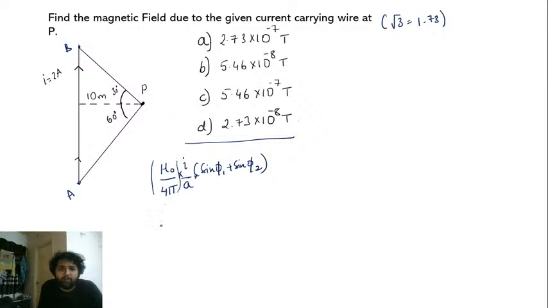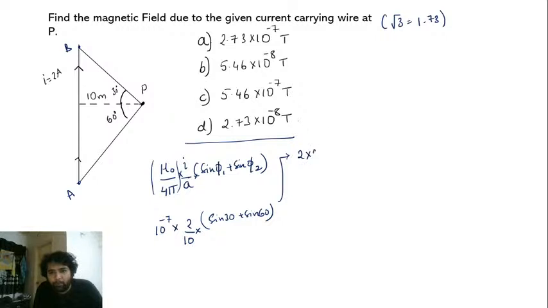This mu naught by 4 pi we know already, 10 power minus 7, into I by a is 2 by 10, into sin phi 1 plus sin phi 2, which is sin 30 plus sin 60. It's 2 into 10 to the power minus 8 into sin 30 is 0.5 plus sin 60 is 1.73 by 2, 0.865.